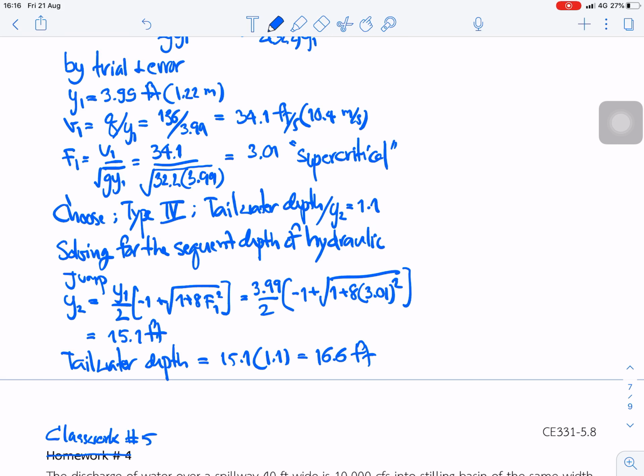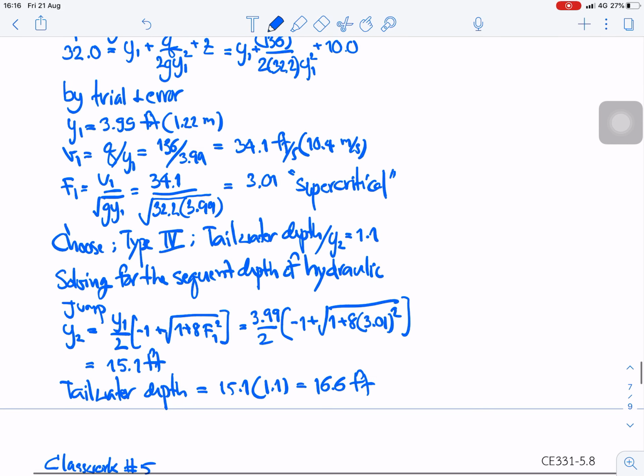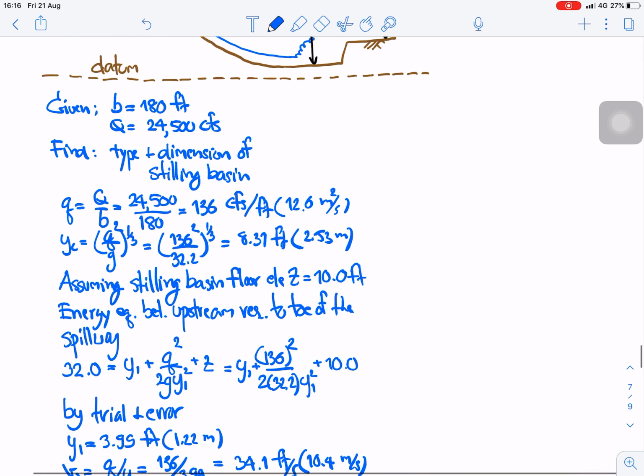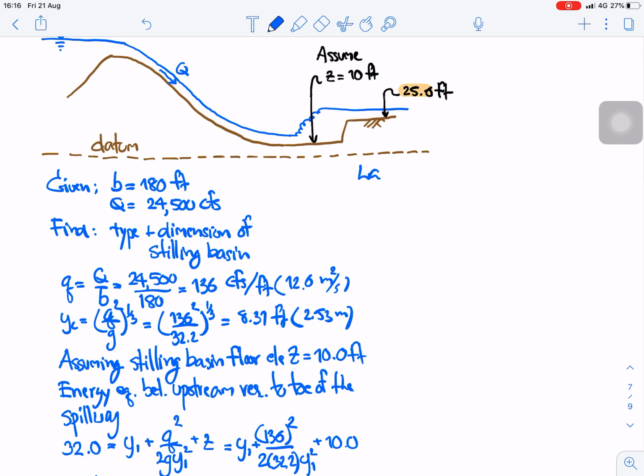Okay, we move to the top again and check the water level elevation, which is equal to z plus 1.1 y2, so 10 plus 16.6 is equal to 26.6 feet, which is greater than 25.6 feet.